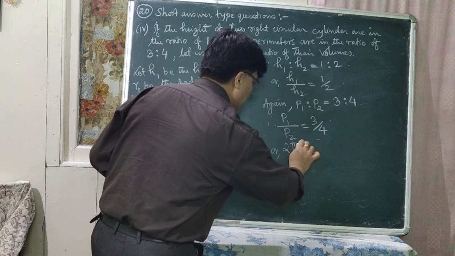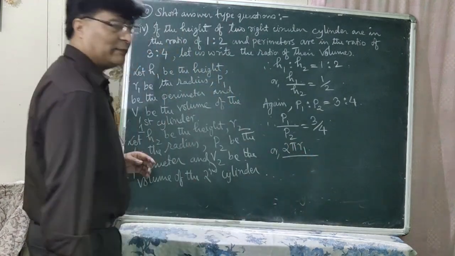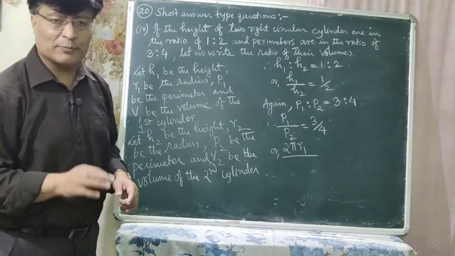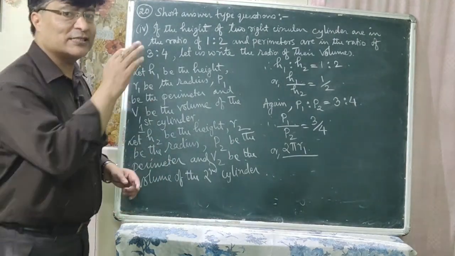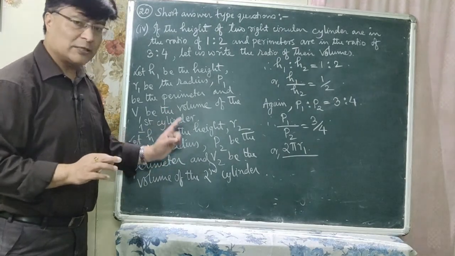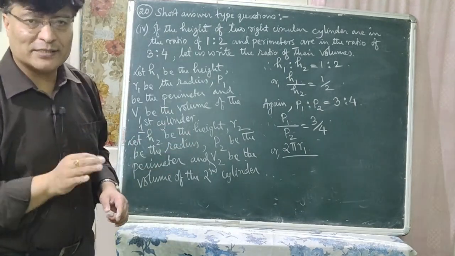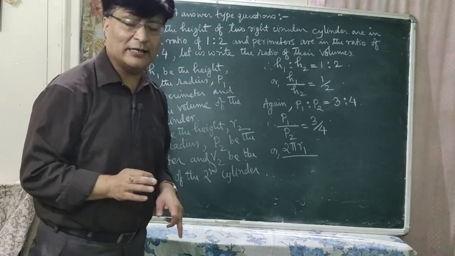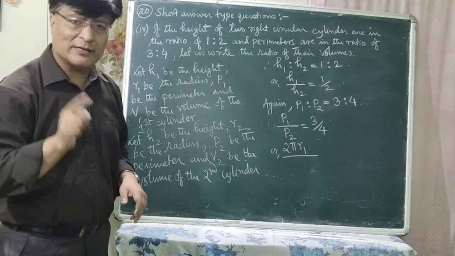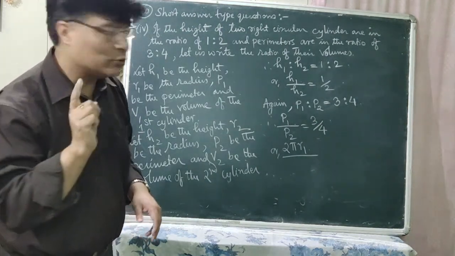So P1 means 2 pi r1 divided by P2. P2 is the perimeter of the base circle for the second cylinder, which is 2 pi r2, right?